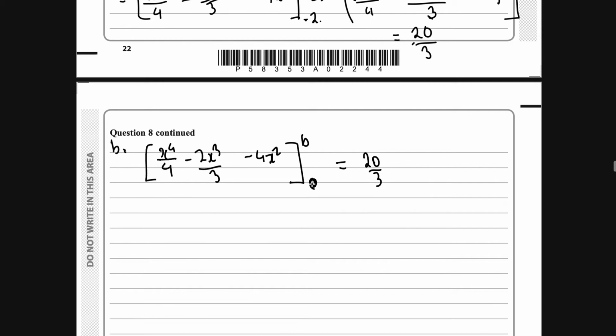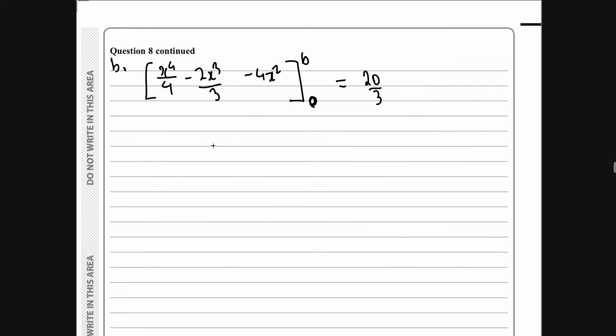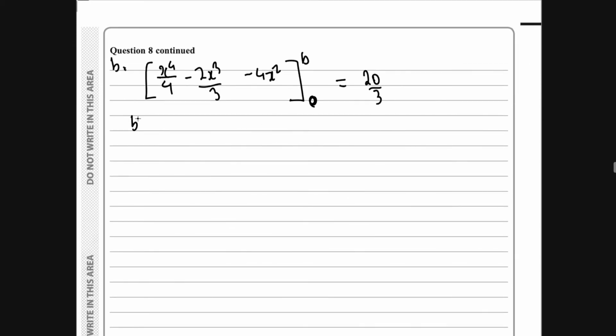Now we already know that if we were to put 0 into this, we'd get 0. So what we really need to be doing is just focusing on the b. So we're going to be substituting b into this here, and we get b to the power of 4 over 4 minus 2b cubed over 3 minus 4b squared, and that's equal to 20 over 3.